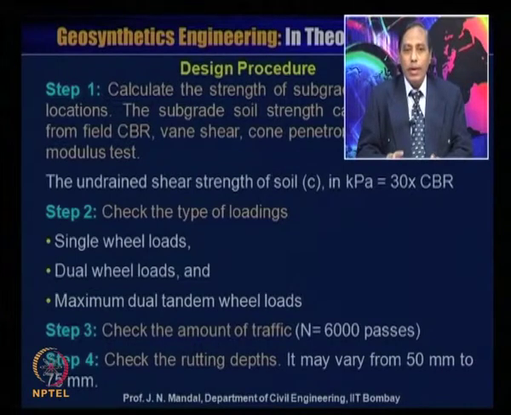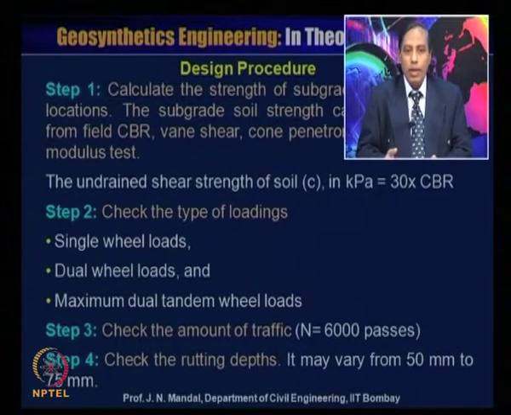So either you can determine the undrained shear strength directly, or if you calculate the CBR, you multiply it by 30 to get the undrained shear strength of the soil.